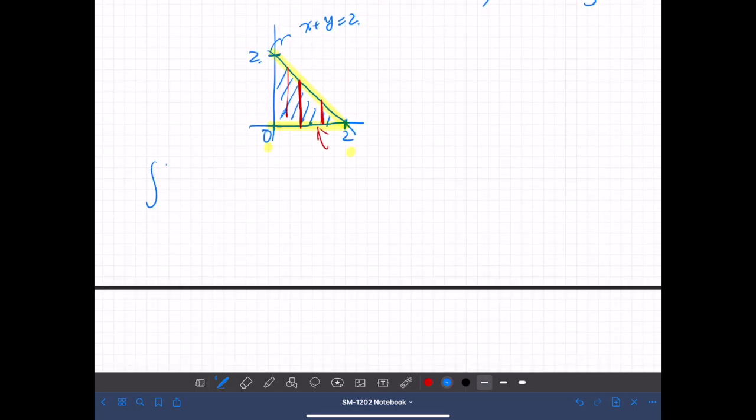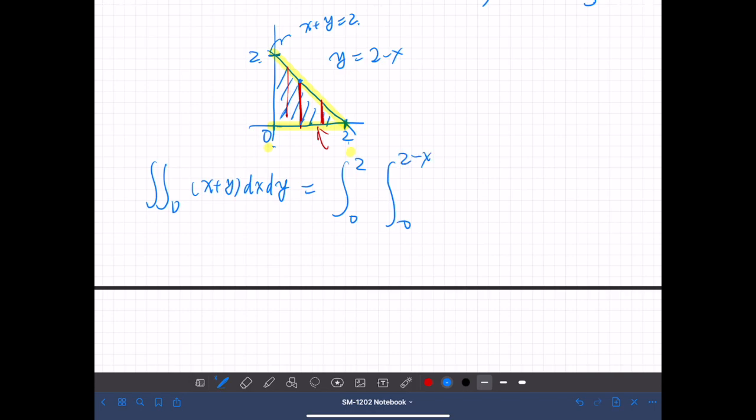So this integral can be calculated by using an iterated integral. In this case, x varies from 0 to 2, and y varies from 0 to 2 minus x, since this line is 2 minus x, dy and dx.